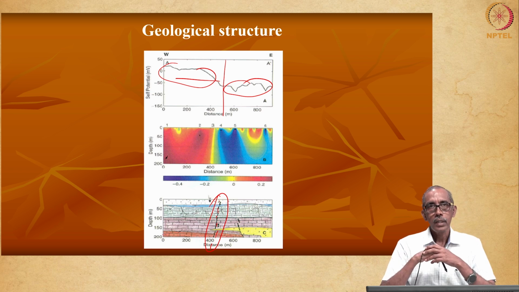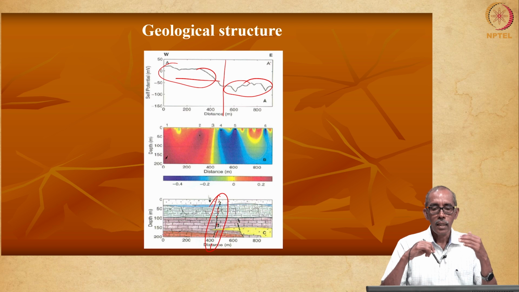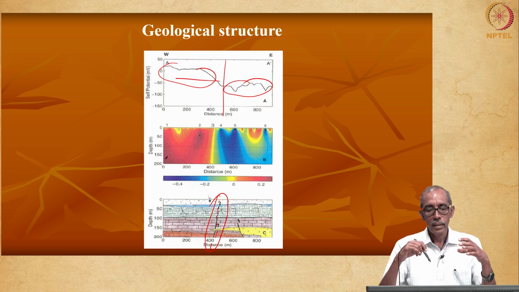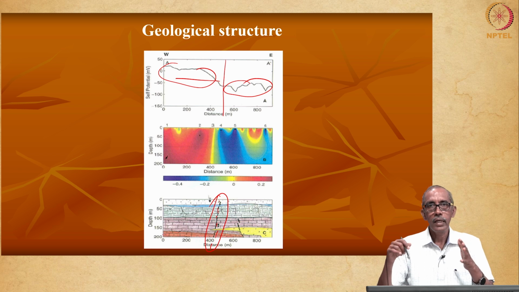Hence, the self-potential method is able to pick up the variation in the self-potential caused due to a major disturbance, probably the occurrence of groundwater on the left side is very different from that of the right side. That is causing a minor change in the self-potential, probably indicating the presence of a discontinuity.